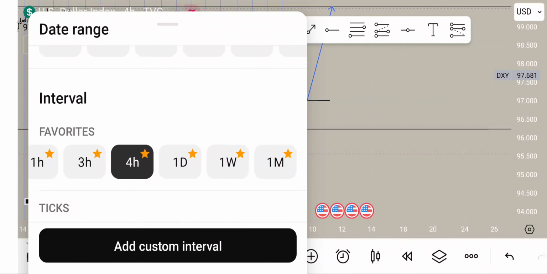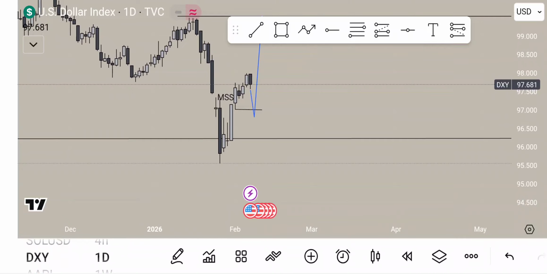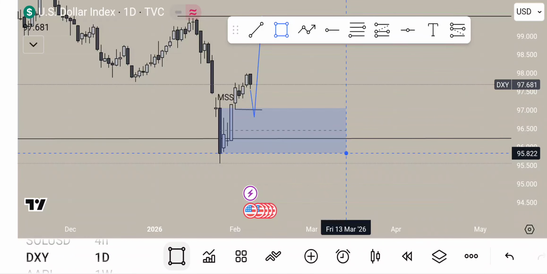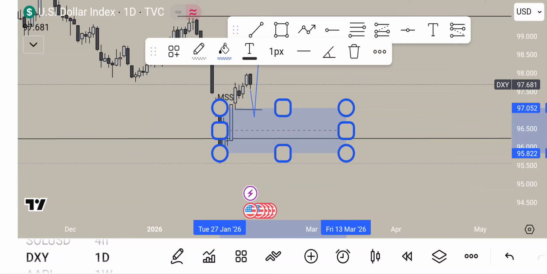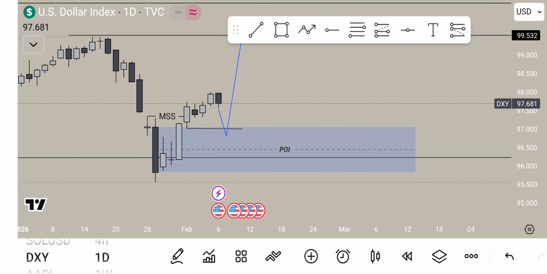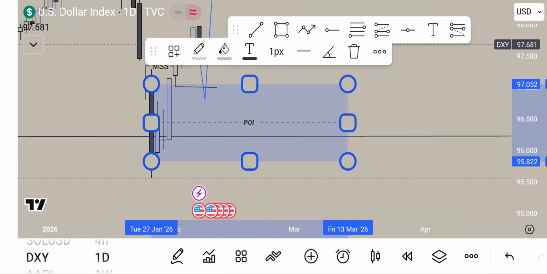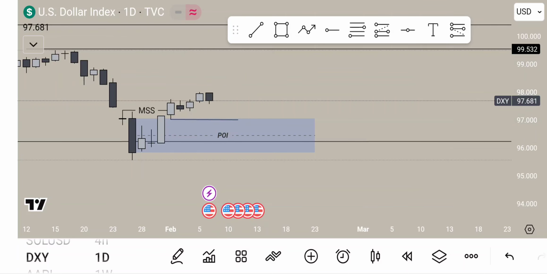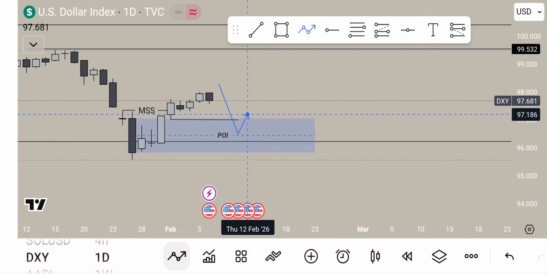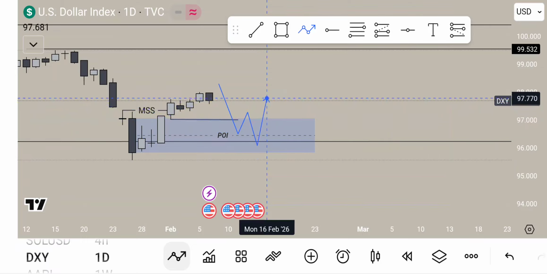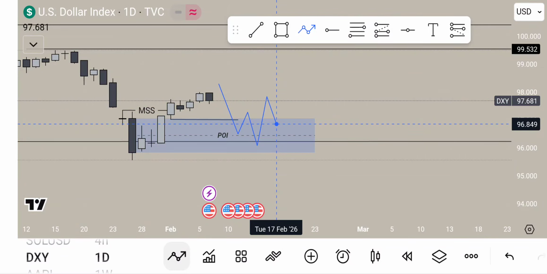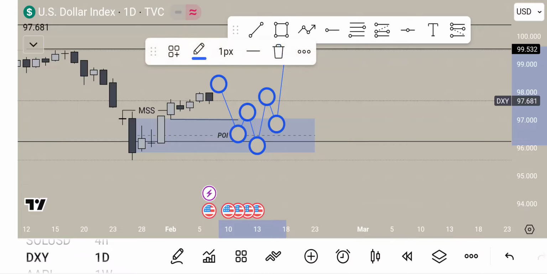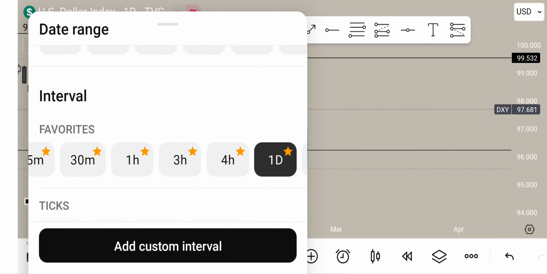Not to refine the point so much, let me just mark this point of interest from here. This is the daily point of interest, where we'll be looking at price. When price enters here and forms something like this, we see a change of character in the lower time frame, and then we take our buys. Yes, something like this.